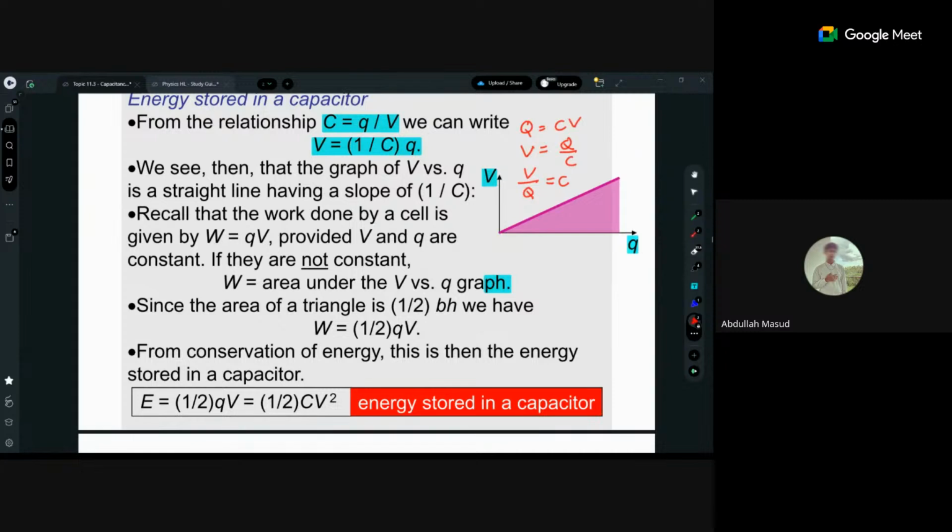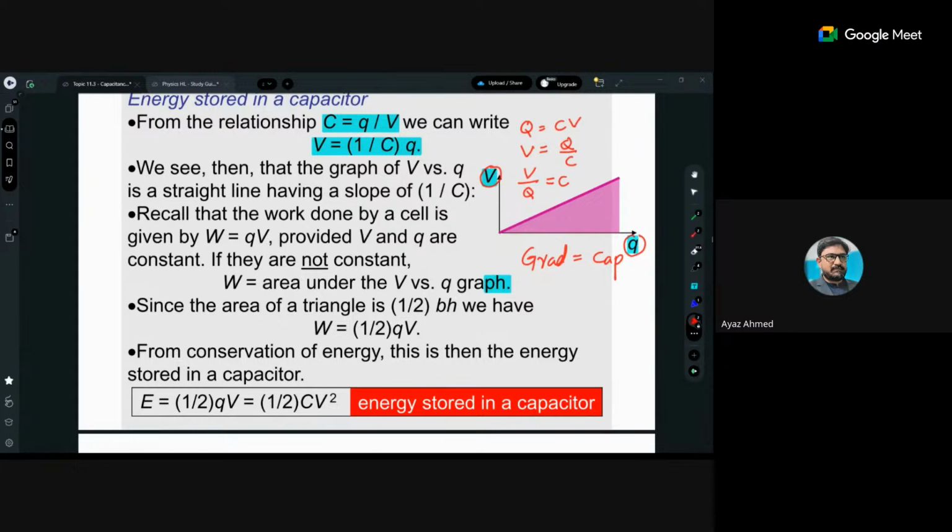So here we go. If we have a V and Q graph, its gradient gives you capacitance. Okay? The QV or VQ graph's gradient gives us capacitance.